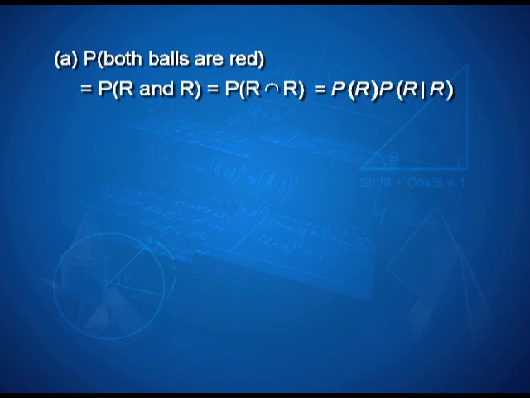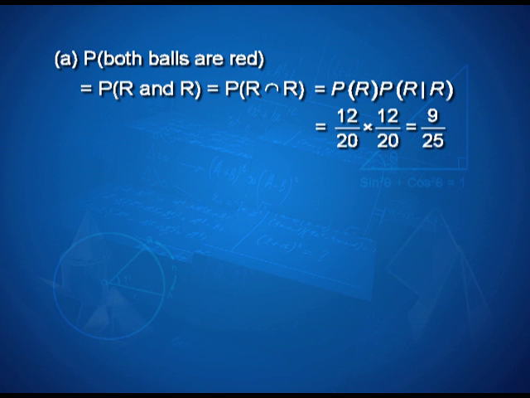In this case, we have 12 red balls. So, the probability of red would be 12 by 20, and since the second ball was drawn after the first was put back in the box, the probability of the second red ball remains 12 by 20, and that simplifies to 9 by 25.